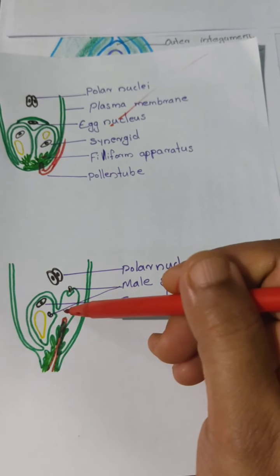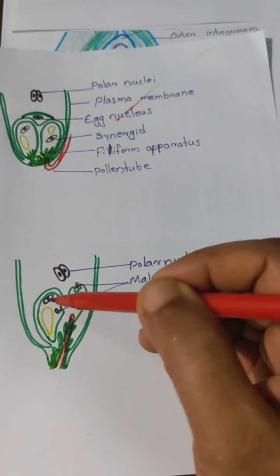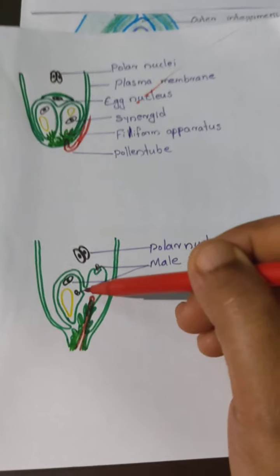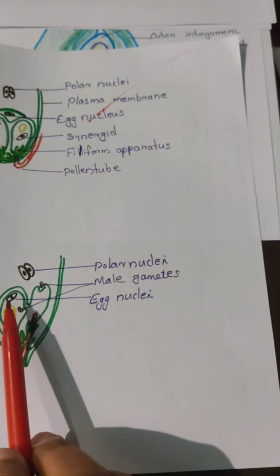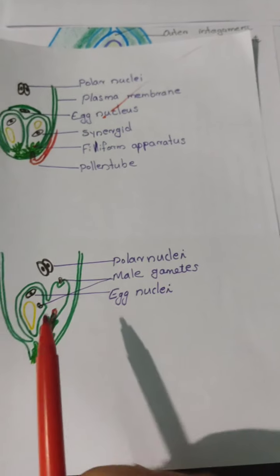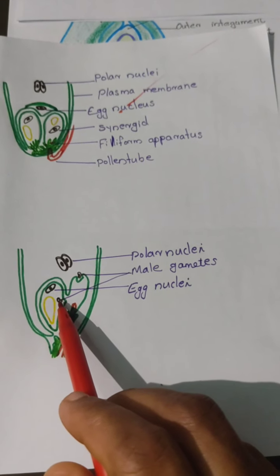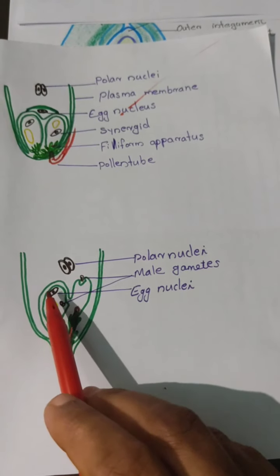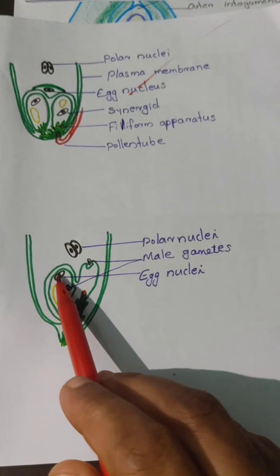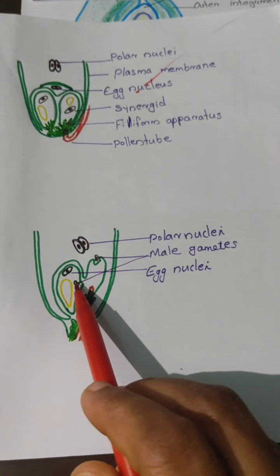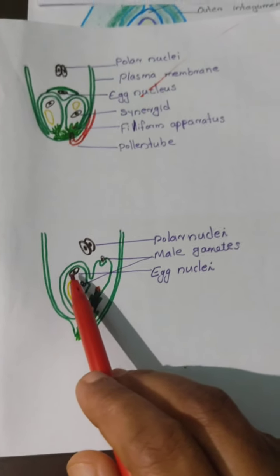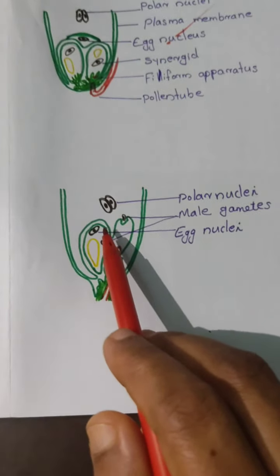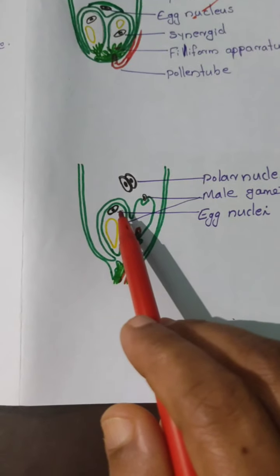One male gamete moves towards the egg cell and fuses with its nucleus. This male gamete is a haploid cell, and the egg nucleus is also haploid. They fuse together to form the zygote. This is called syngamy.